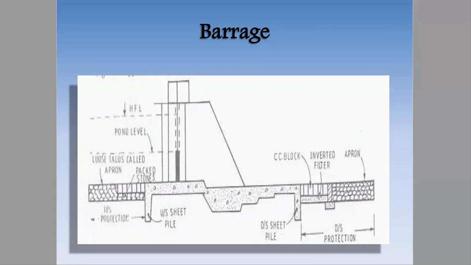They try to throw it up, to raise it, or to lift it up, and that pressure is uplift pressure, which we are now well aware of. If it is not controlled or checked, what could happen? There may be failure of the dam, or any structure, here in case of a barrage, or suppose it is a weir also.